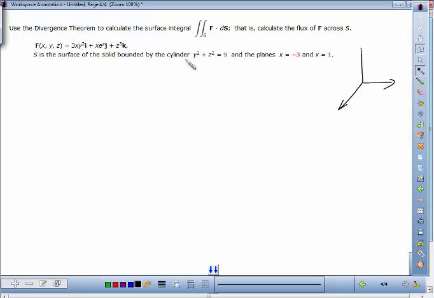It's a cylinder, y squared plus z squared is equal to 9, so it's going along the x axis, and we have a couple of planes. These are just regular flat planes that cut it off, so there are no weird angles. The cylinder is cut off at -3 and +1.